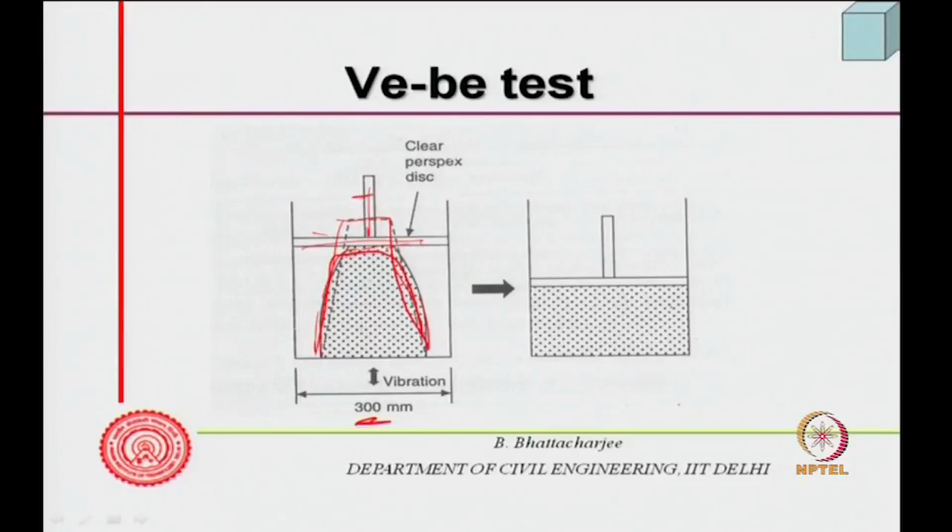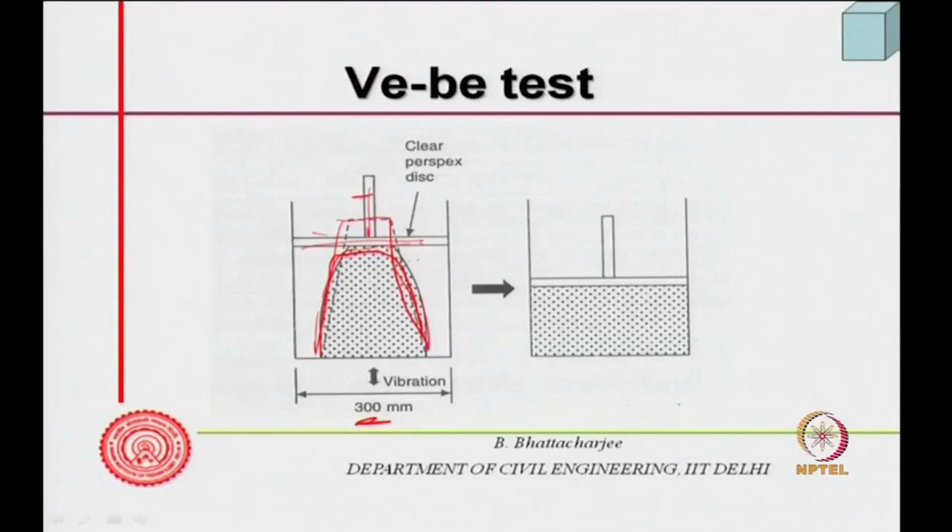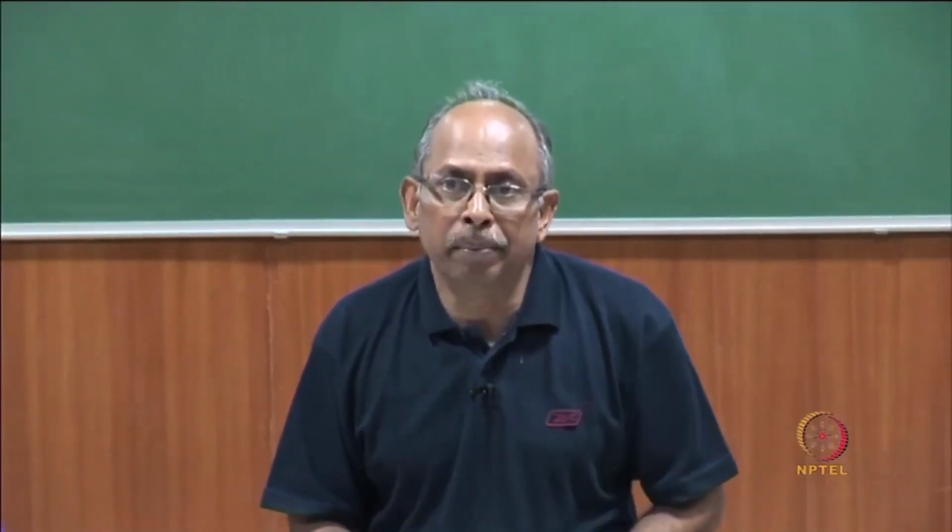As soon as the cylindrical shape is obtained, one can stop the stopwatch. You start the vibration in a standard manner, and as soon as it attains a cylindrical shape from the slumped truncated cone shape, this time is measured. This is called VB time.